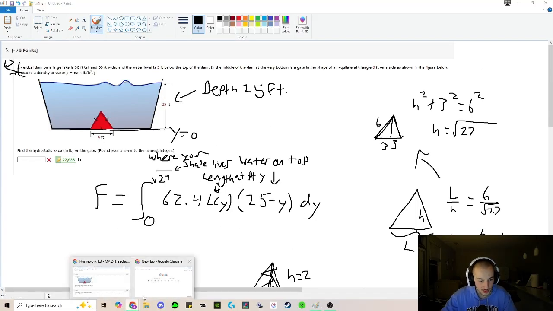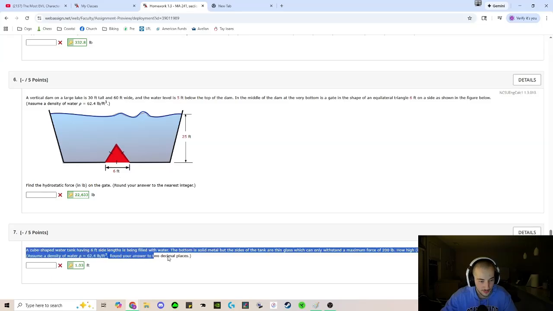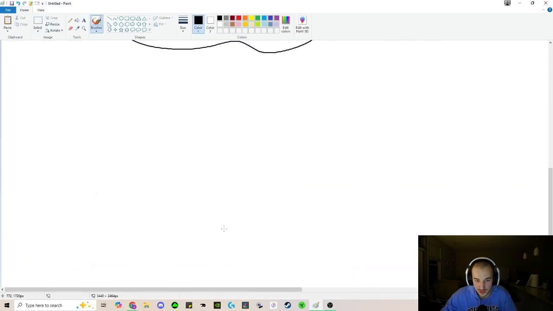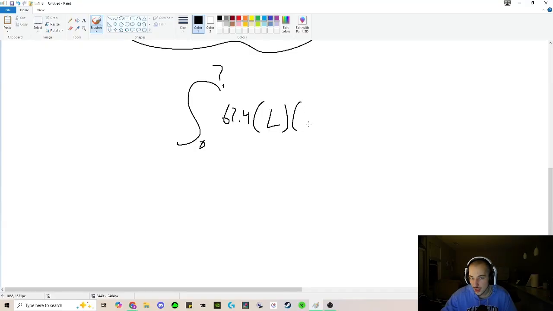The last question, we can just look at it real quick. This cube-shaped water tank, something. Now what you need to do is solve for h. So really, this question, you would be setting up an integral from 0 to something, of 62.4 times your given length times something minus y, dy, equals 200.